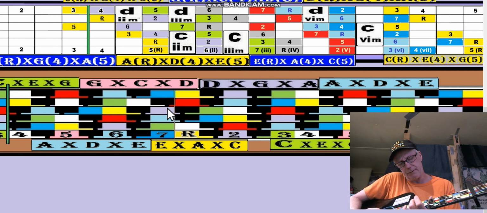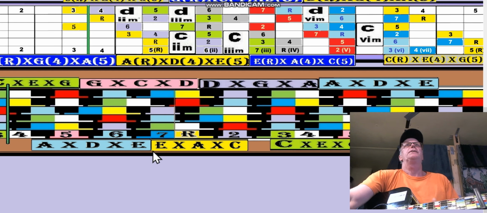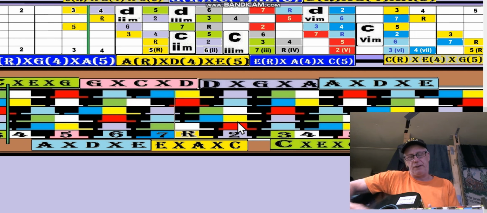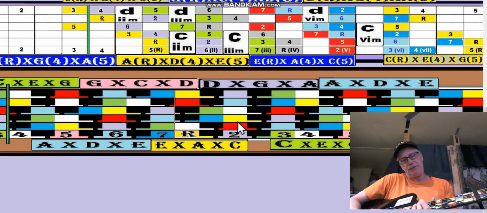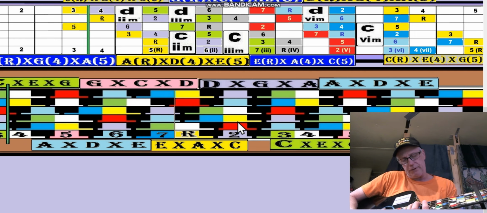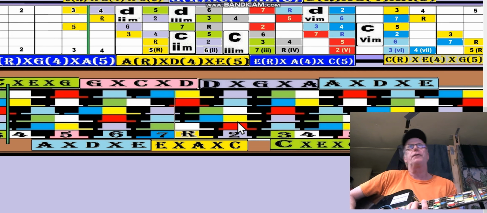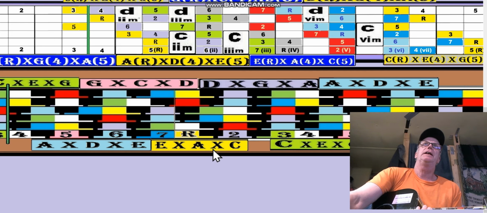C-shaped G. Where are we? Oh yeah, you have to go straight up. Remember, with a C shape, you start a 5th below that root, the root of that C chord. So there's the long relationship with the E cage.